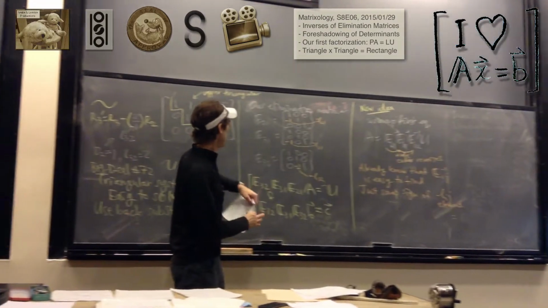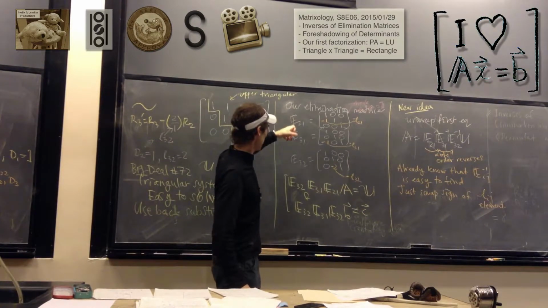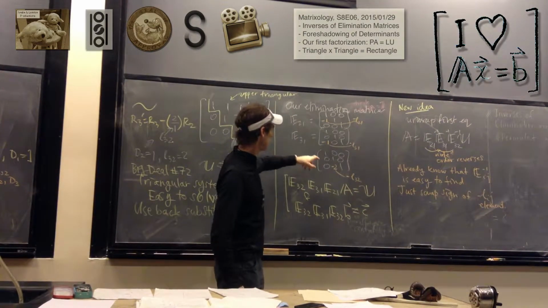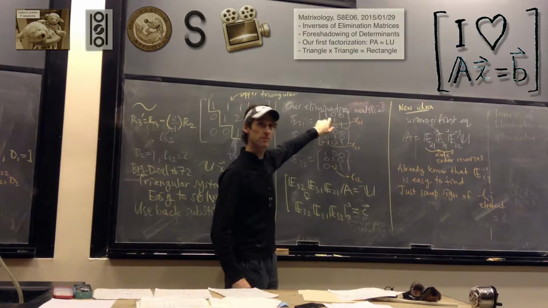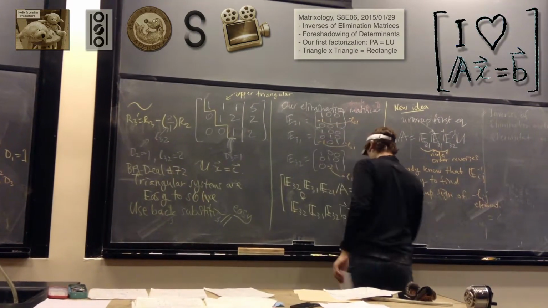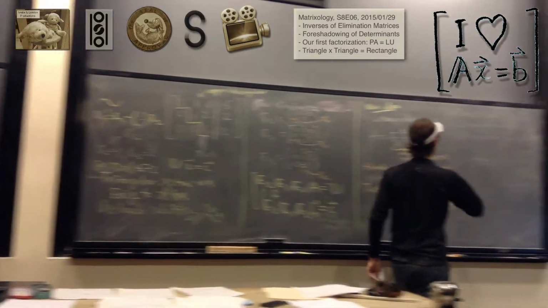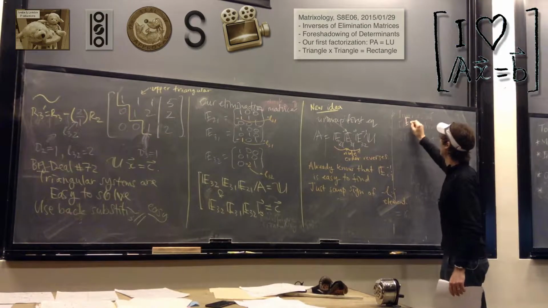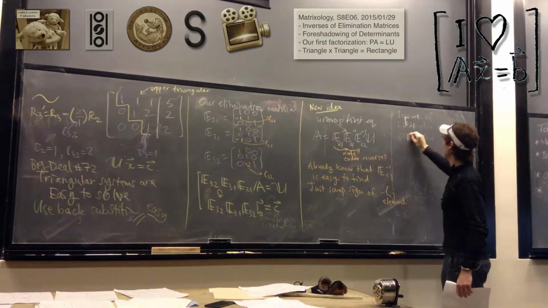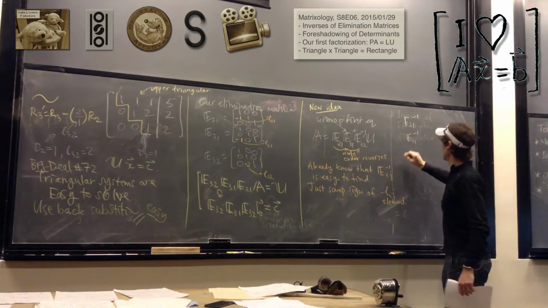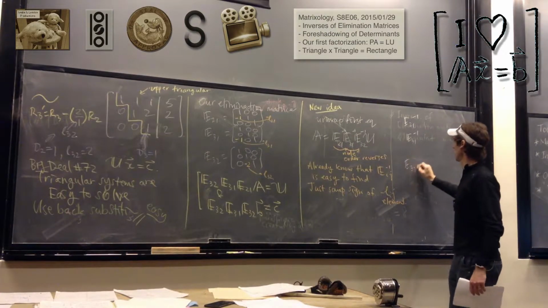So we can just write them down here. We're going to have the inverse of E21, the inverse of E31, the inverse of E32. We're just going to swap these signs. We've argued for why that works. So E21 inverse, E31 inverse, and E32 inverse.